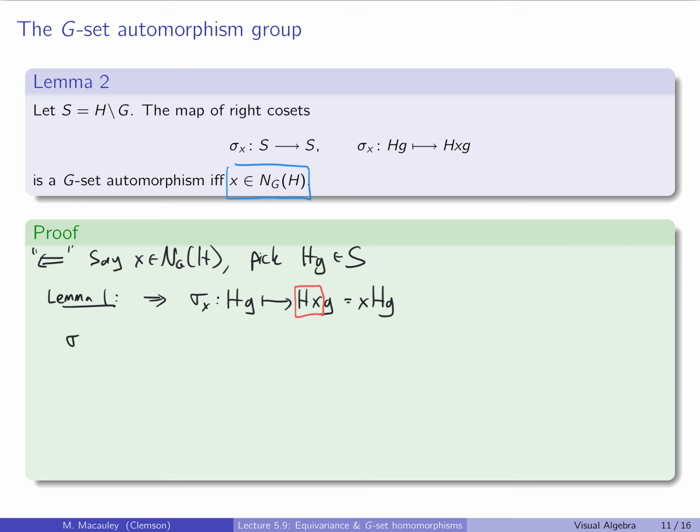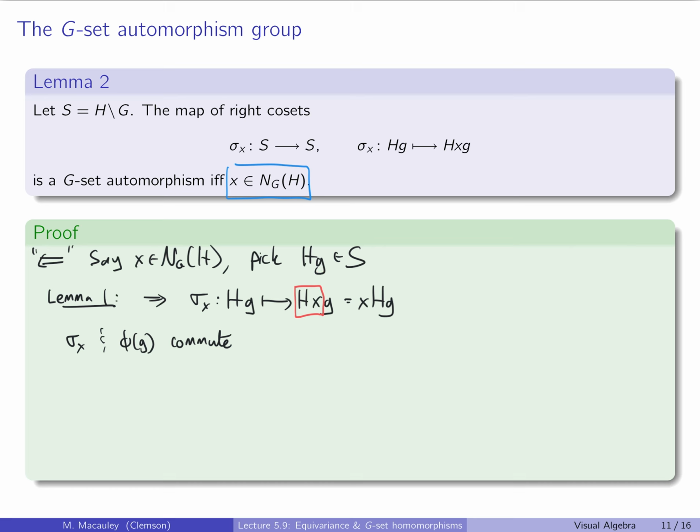So let me just say that phi g and sigma x commute. Maybe I should use a different element than the one I picked for the coset here, but it's fine. I can use this g.